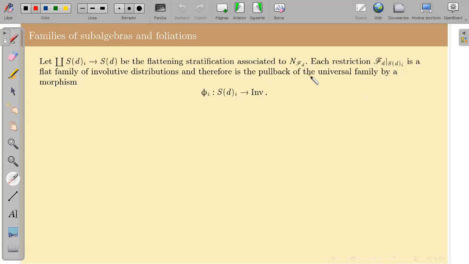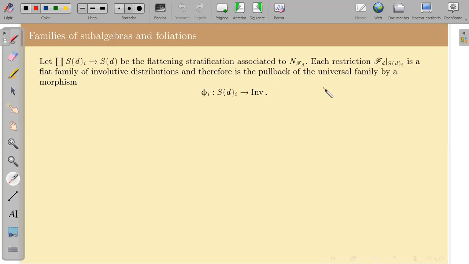So now that we have said everything we have said, we can convince ourselves that the only question that actually makes sense is to ask which are the conditions such that this morphism right here is a local isomorphism.